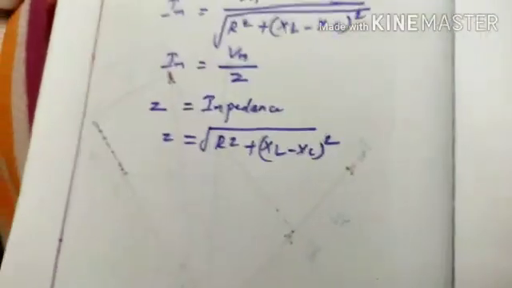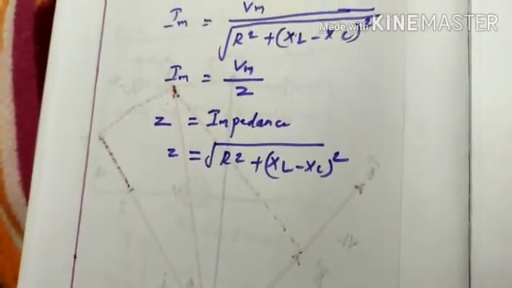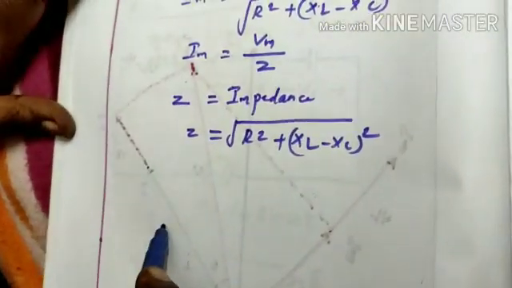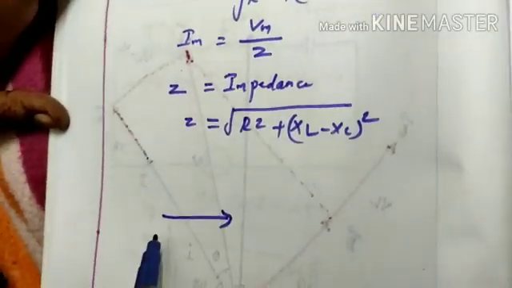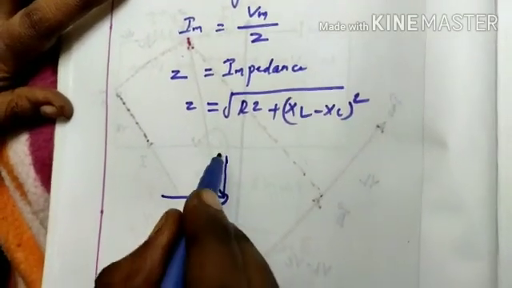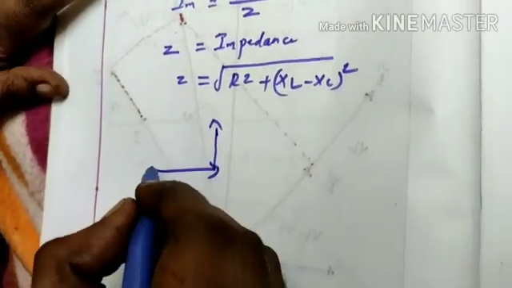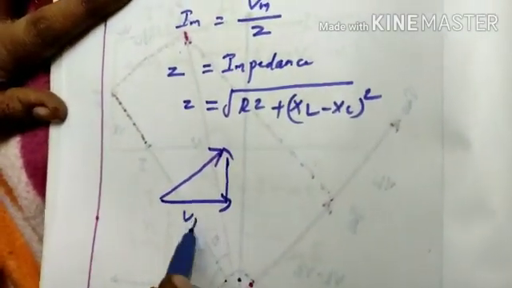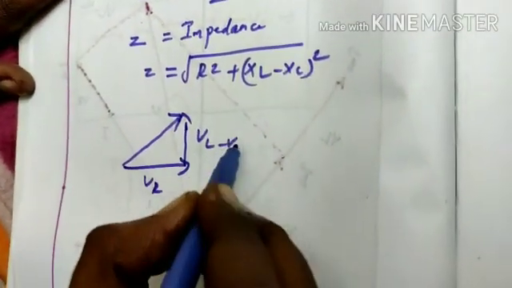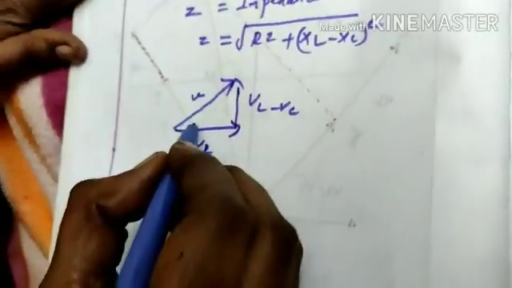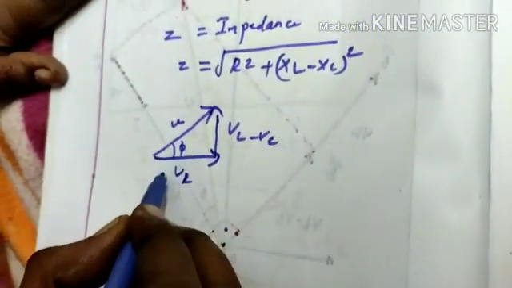The phasor diagram and the voltage diagram can be drawn like this. This is VR and this is VL minus VC, and this is the resultant voltage V, which makes an angle phi with the x-axis.